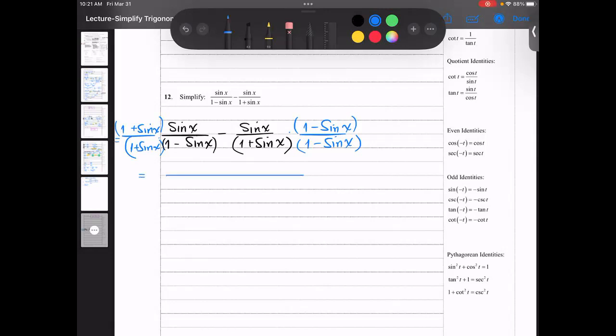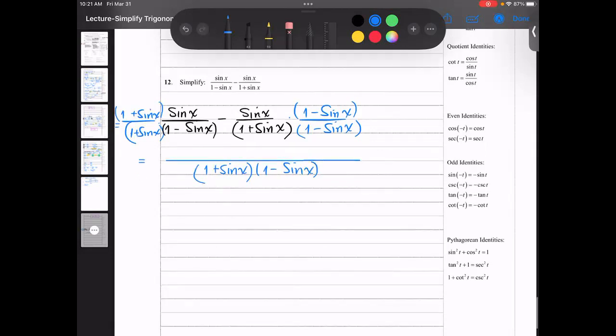Now the bottom is just 1 plus sine x times 1 minus sine x, right? Let's take care of the denominator first. I like to take care of one thing at a time. Common denominator first.